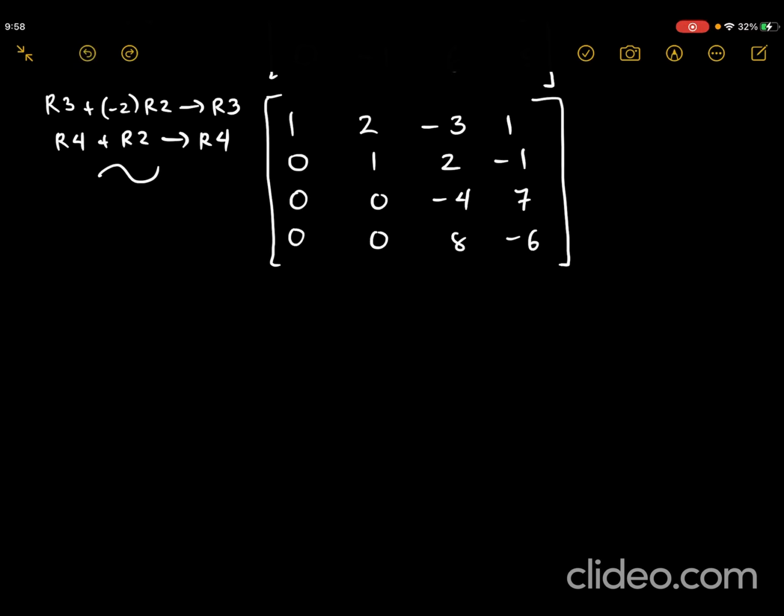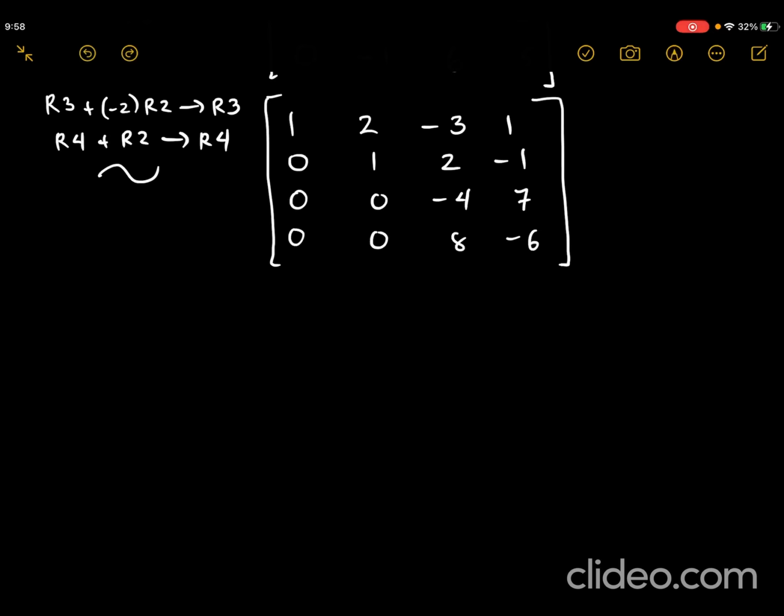So we repeat again, this time to the submatrix obtained by covering the top two rows. The first step again is to make sure that the leading entry is a 1, which means this entry has to be 1.